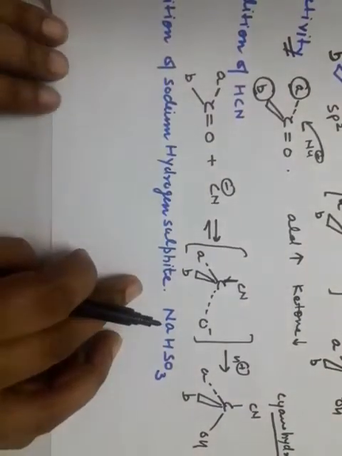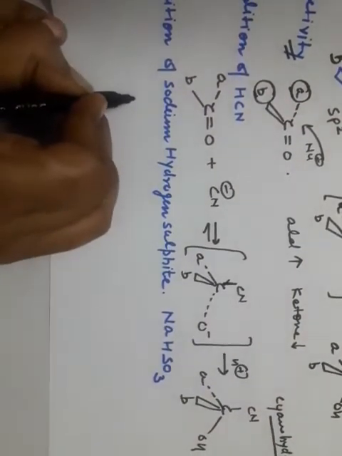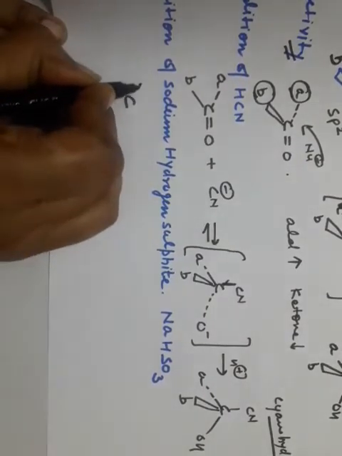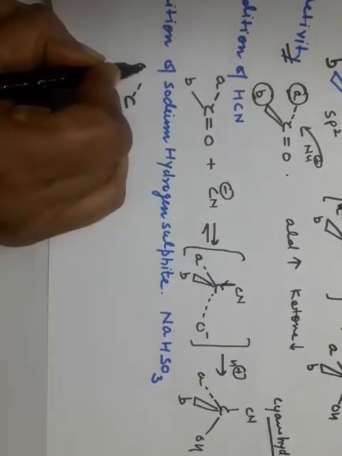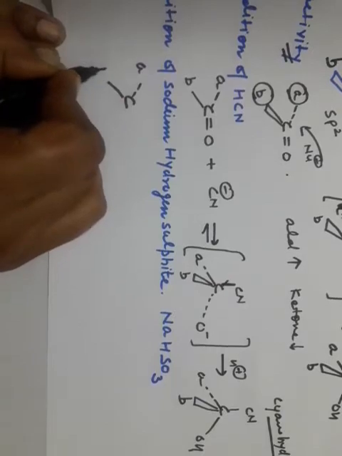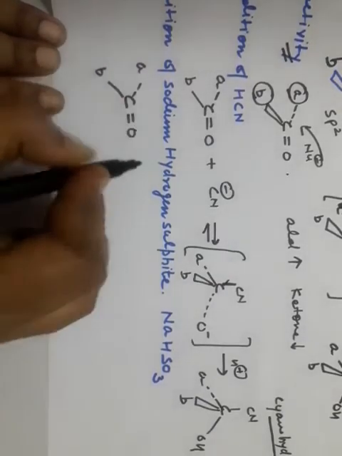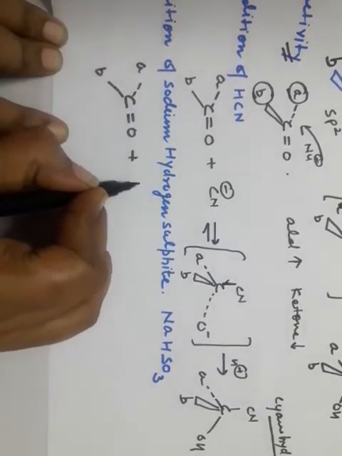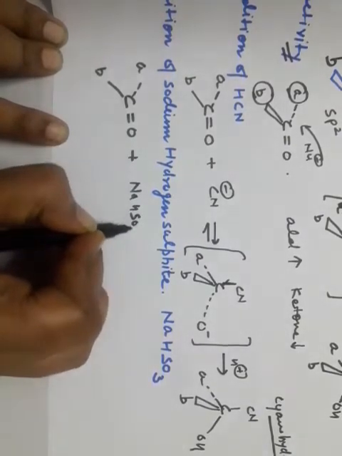Now the addition of sodium hydrogen sulfite to the same aldehyde or ketones. Again, the reactivity of aldehyde is more than ketone, for the same reason, steric hindrance. The structure of sodium hydrogen sulfite is NaHSO3.